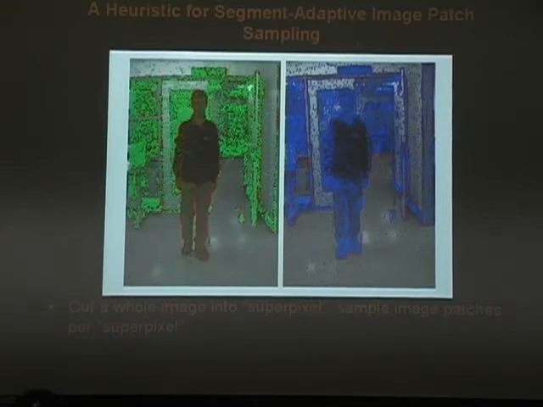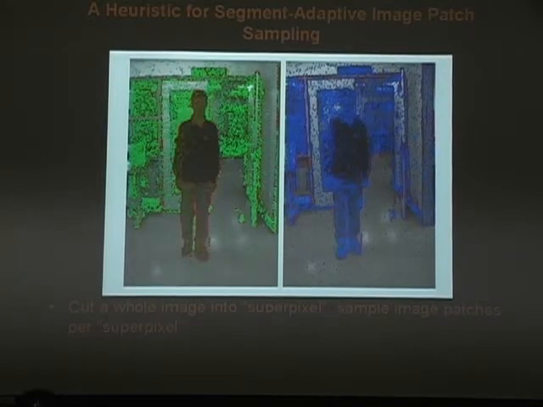So this is how I sample images. Basically, it adapts to the image complexity. Some regions are very complex with much more texture, so I sample them more densely. Probably this image is oversampled, I would say, because how do you determine how many image patches are enough?